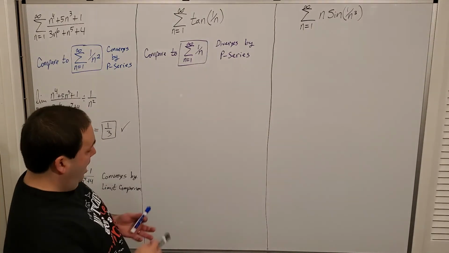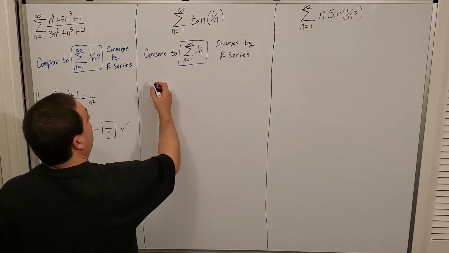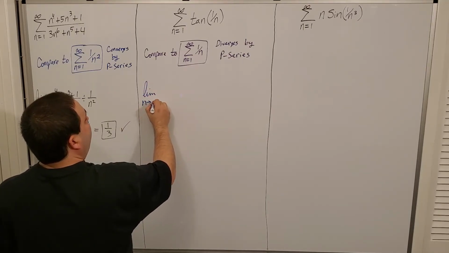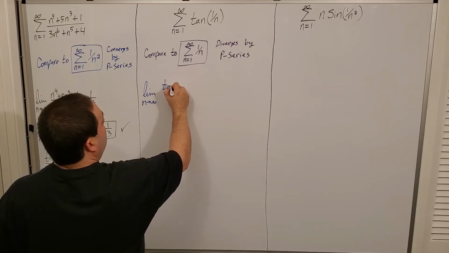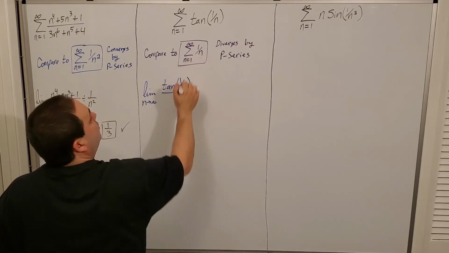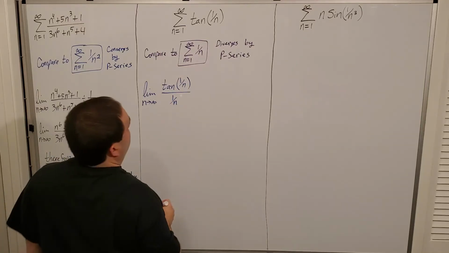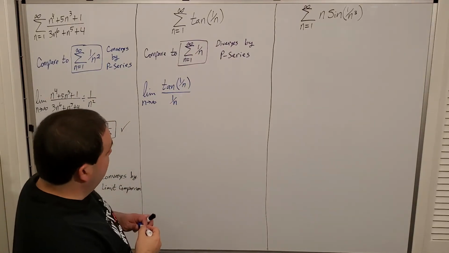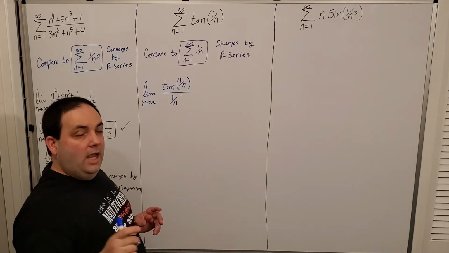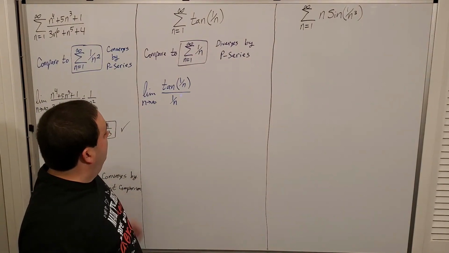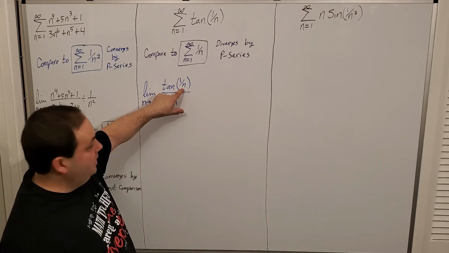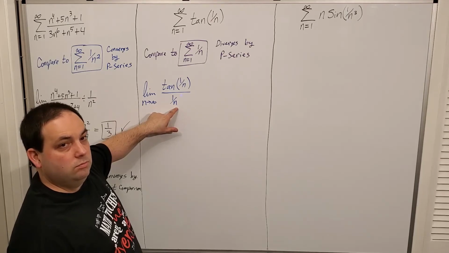Then my limit that I set up, as n goes to infinity, is my sequence, tangent of 1 over n, over 1 over n. If you don't recognize this, I'm hoping you soon will. As n goes to infinity, I'm getting tangent of 0 over 0.